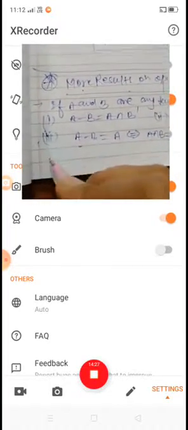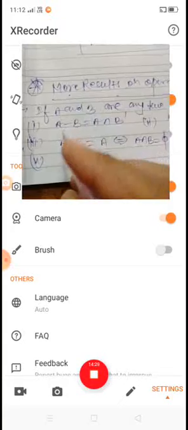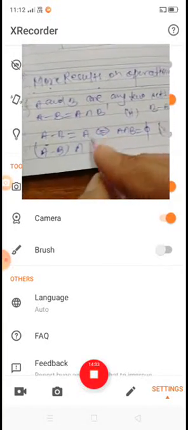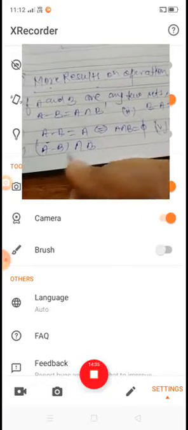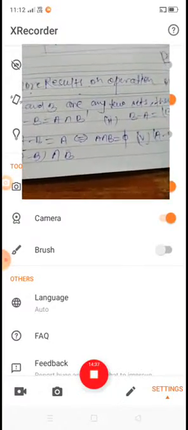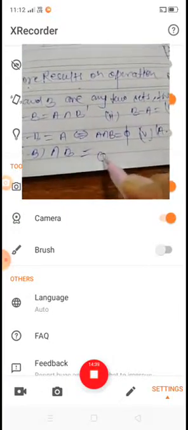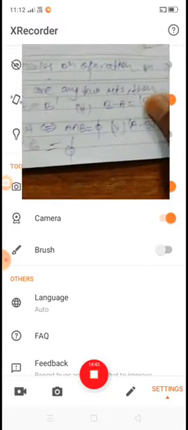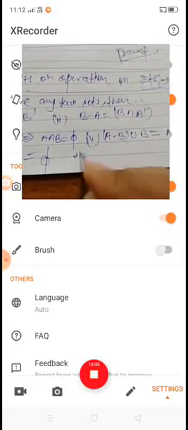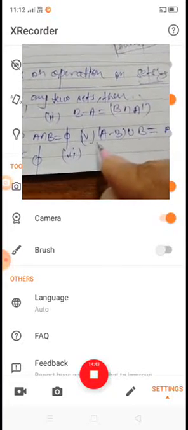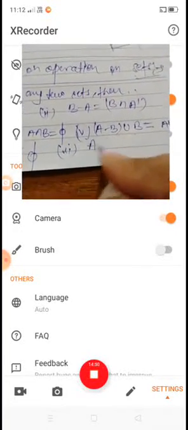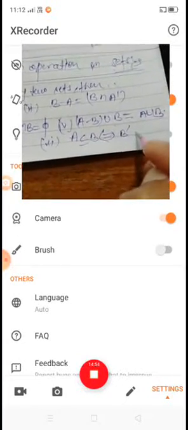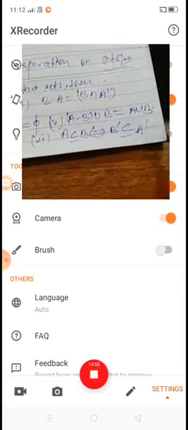Fifth one, A minus B intersection B is equal to empty set. Six, if A is a subset of B, this implies that B dash is also a subset of A dash.